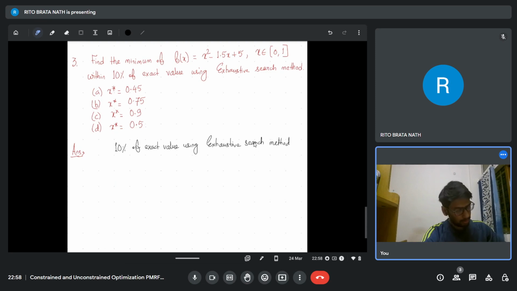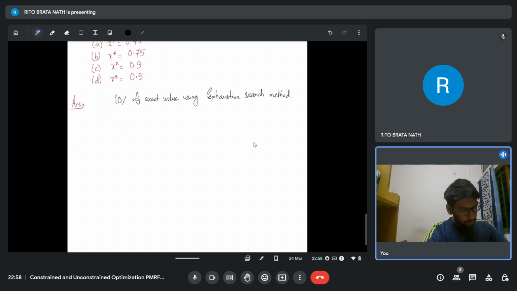Now let me check how many points you require for this one. So I'll just write down the expression. For the exhaustive search method, 1 by n plus 1 is less than or equal to 1 by 10. So that means n plus 1 is greater than or equal to 10, and that means n is greater than or equal to 9.